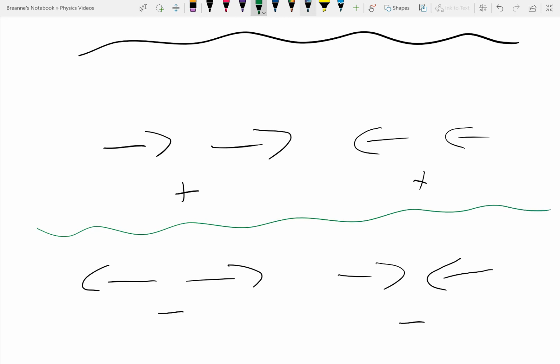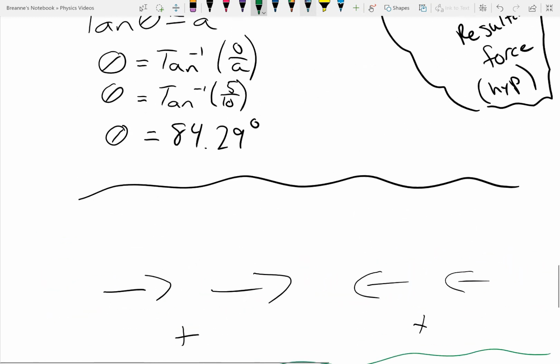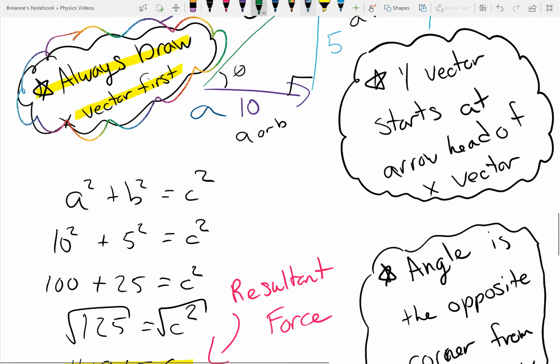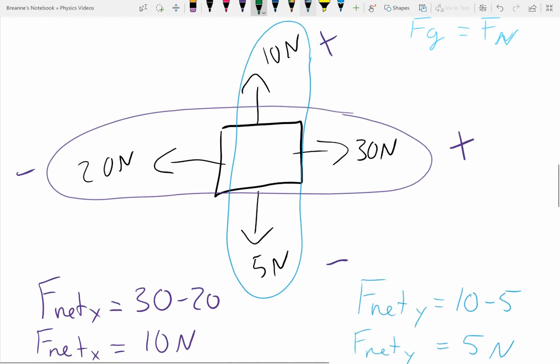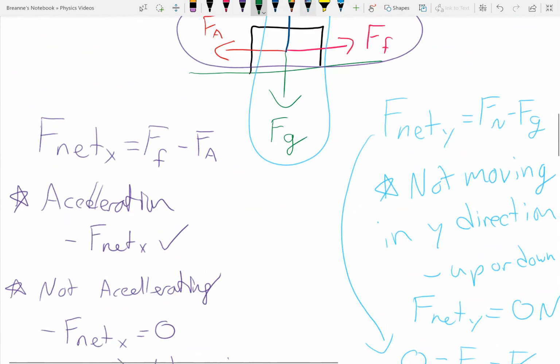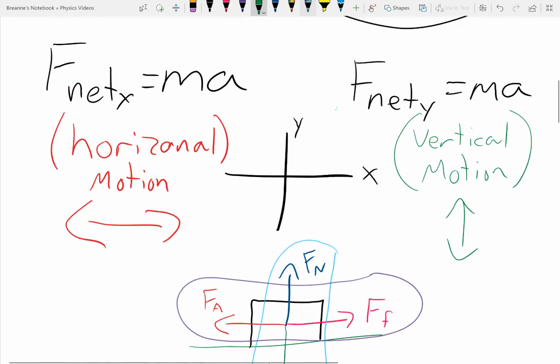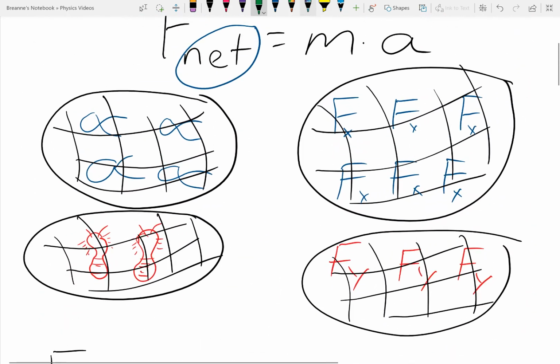And that's basically it about your resultant force, dealing with free body diagrams and net force.